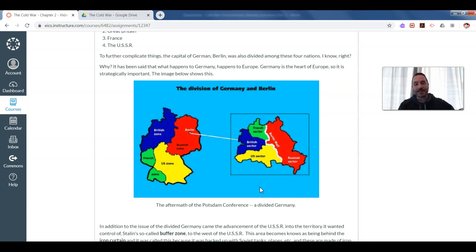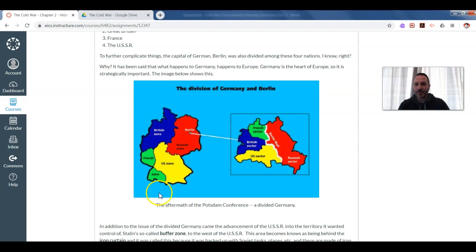And then to the east, we had a Soviet sector. Collectively, we typically think of these 3 as West Berlin, and this side of Berlin as East Berlin.